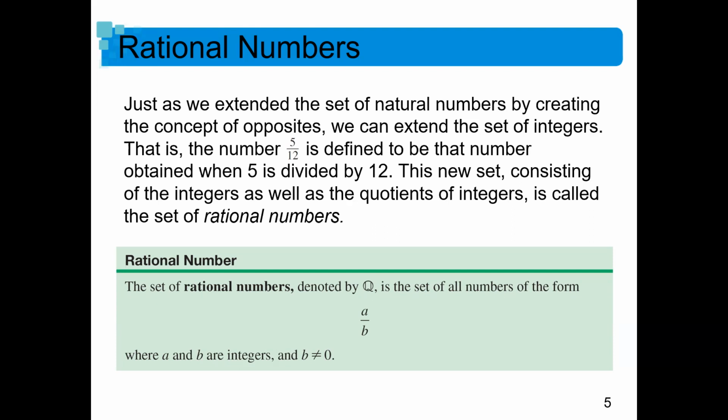This new set, consisting of the integers as well as the quotients of integers, is called the set of rational numbers. The set of rational numbers, denoted by this fancily written letter Q, is the set of all numbers of the form a over b, where a and b are integers and b is not equal to 0.